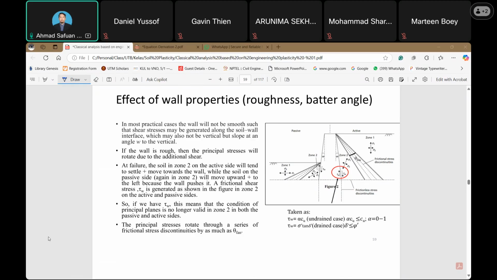So this is the batter angle. In this case we use the angle at the top. The third one is if there is a slope on the top of the backfill.